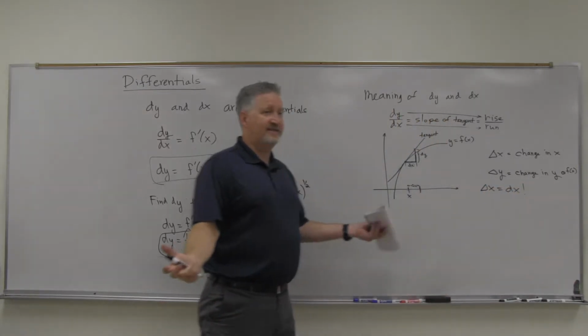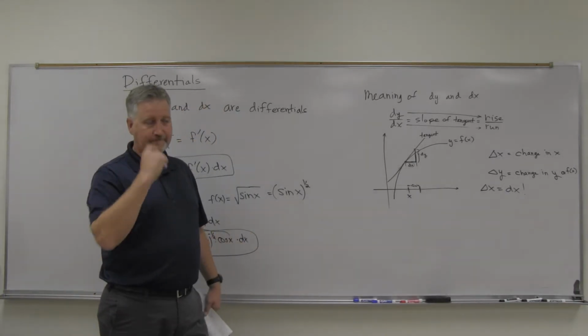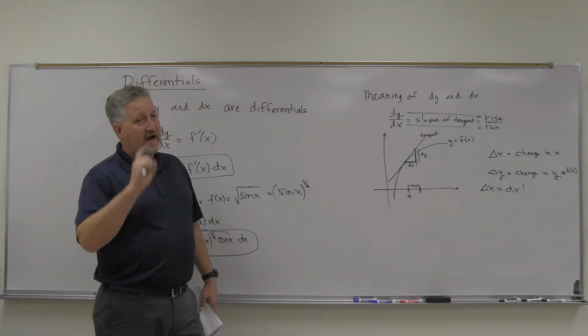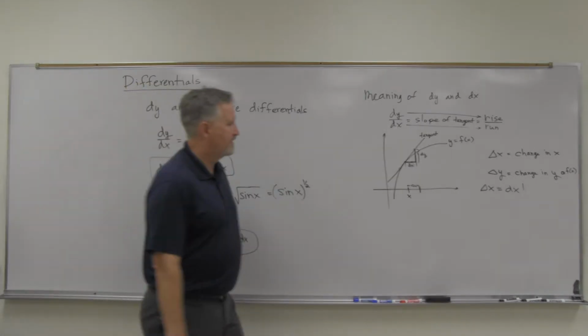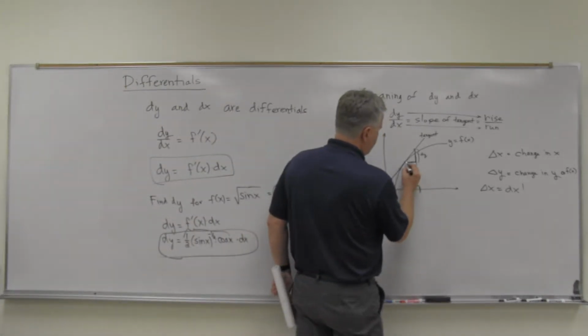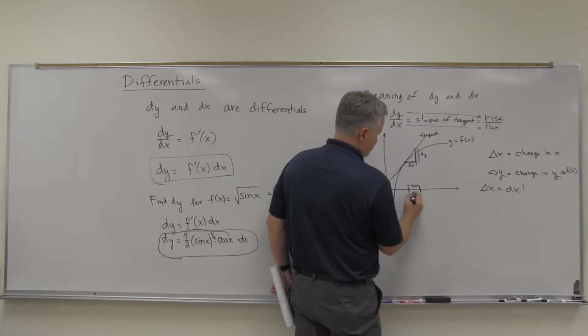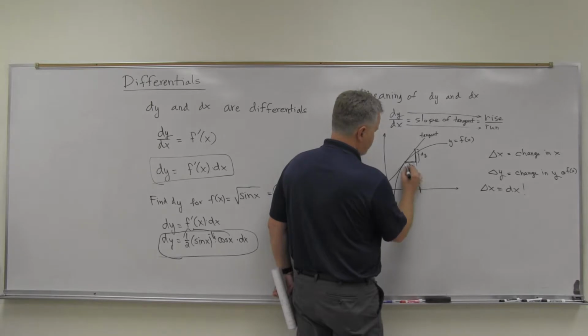Yeah, delta x and dx are going to be exactly the same. However, on the change in y, what do you see about that? Well, I go to this point, up to this point, my y value is over here.